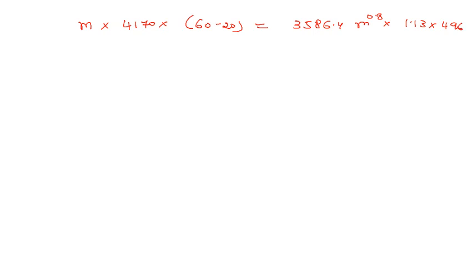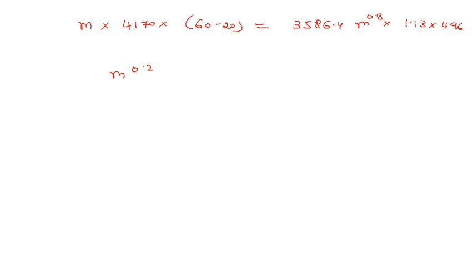So on doing that, mass flow rate m is equal to 4170 into 60 minus 20 is equal to 3586.4 m to the power 0.8, 1.13 into 49.6, m to the power 0.2, since on one side it is m to the power 1 and the other side 0.8.